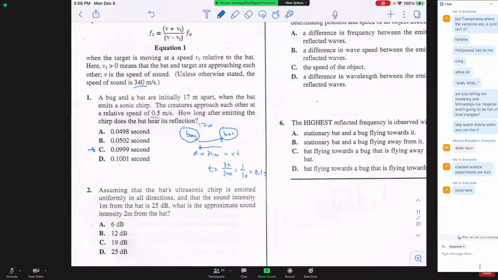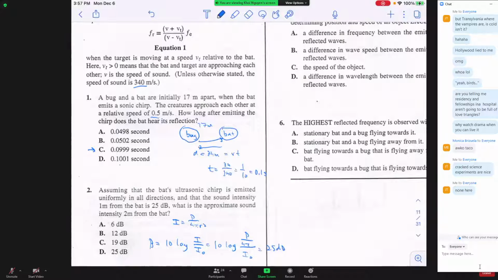Number 2, this is using the sound intensity level equation. So we know that I is equal to P over 4 pi r squared, and we know that beta was equal to 10 times log of I over I naught. So when r is 1, 10 times log of P over 4 pi over I naught is equal to 25 decibels.